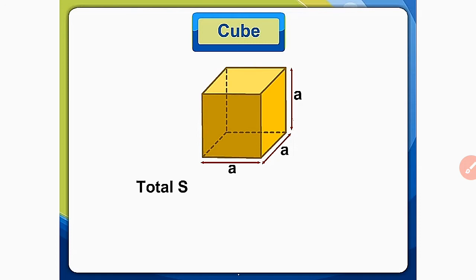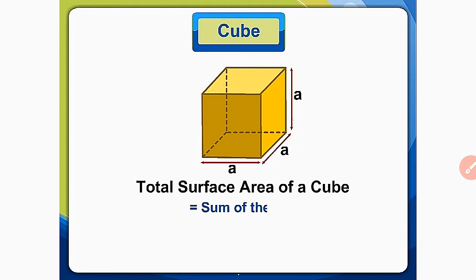And now let us discuss the total surface area of a cube. We know that total surface area is equal to the sum of all the six square faces. The cube has three pairs of opposite identical faces.